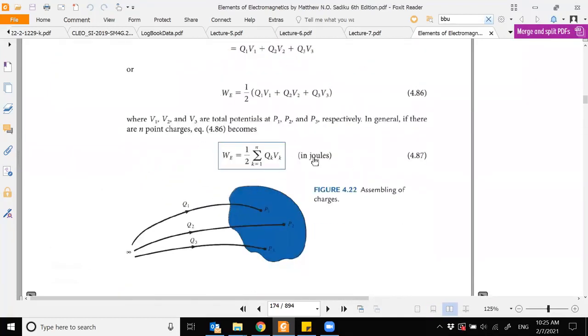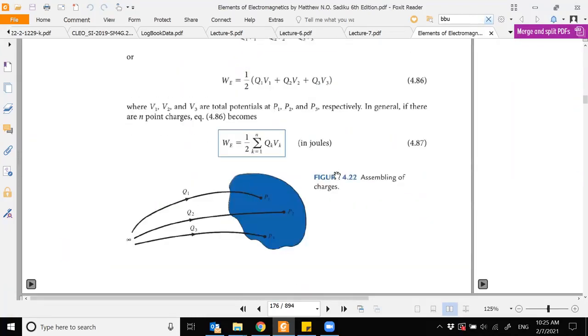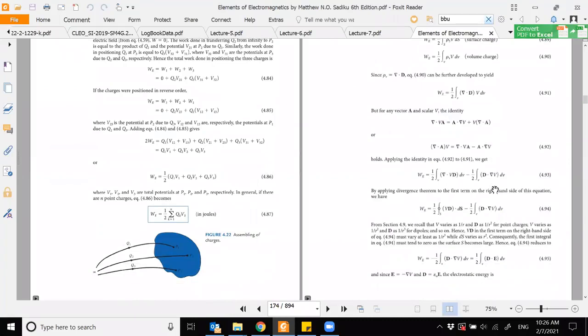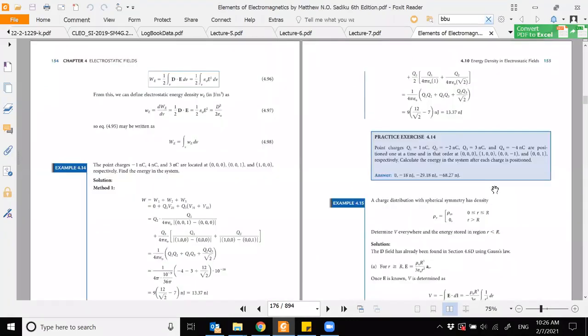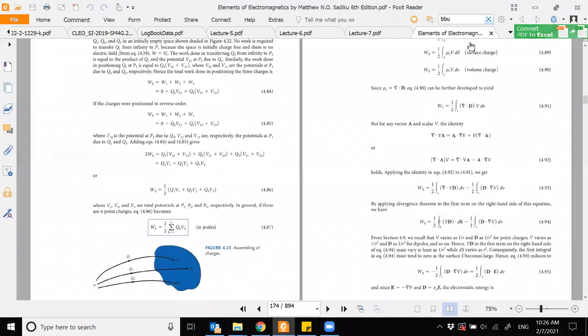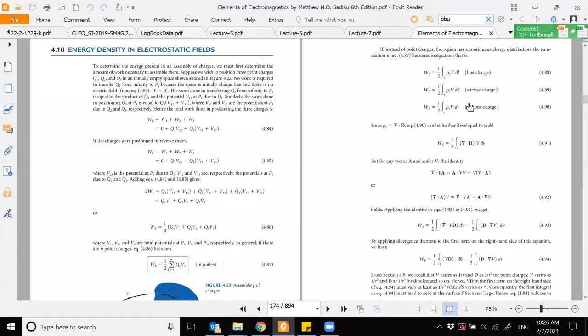So I'm looking at the energy in joules, and this is for point charges, and then generalized to charge distributions: for line charge, for surface charge, for volume charge. So all these derivations give the general expression.